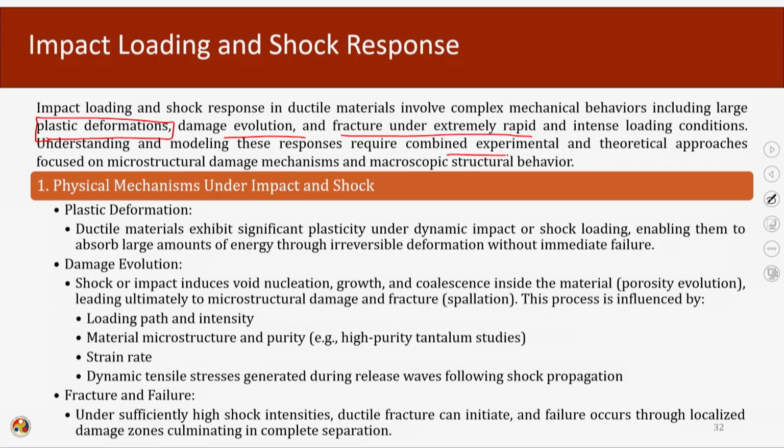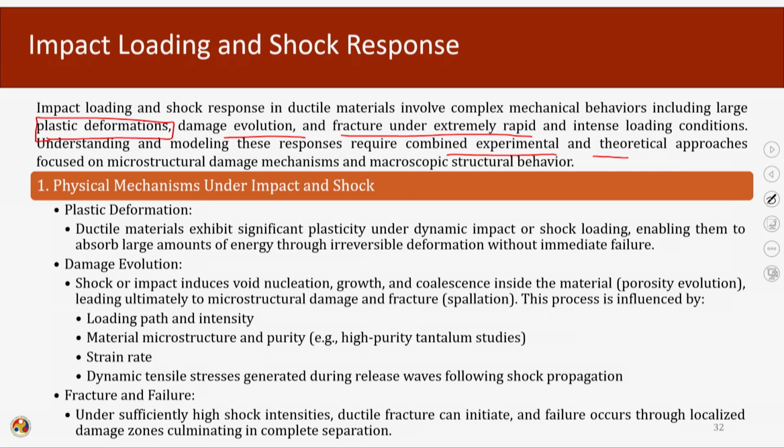Experimental approach in order to characterize the material behavior, theoretical approach to develop constitutive equations to be used in the application of the dynamic equations. And then microstructural behavior, microstructural damage, phase transformation and other effects also need to be accounted for in order to get an overview and a complete behavior of the structure.